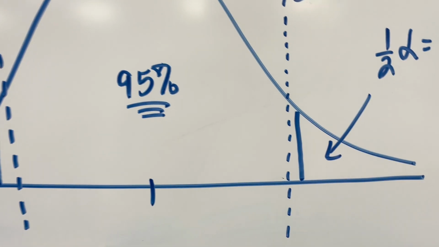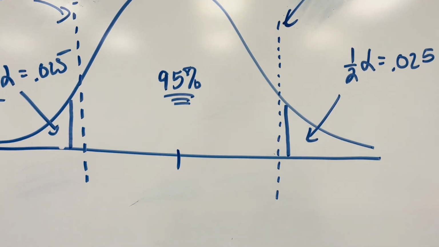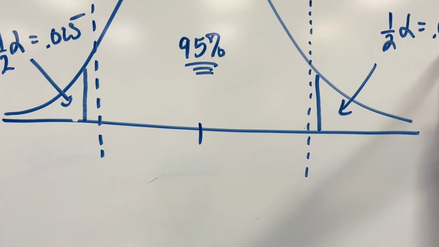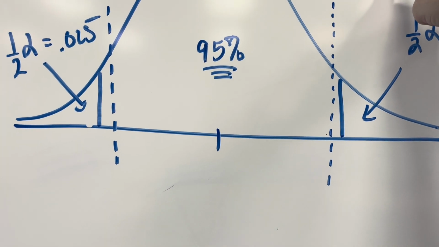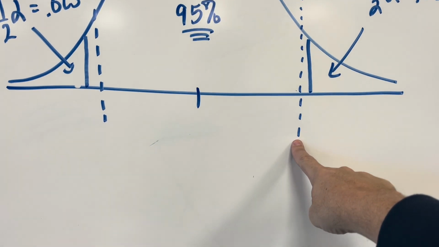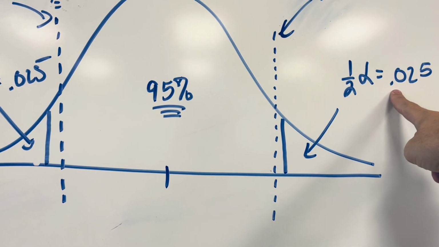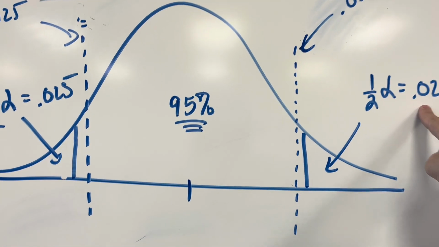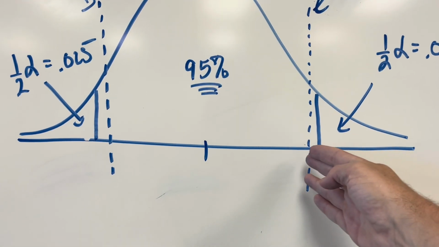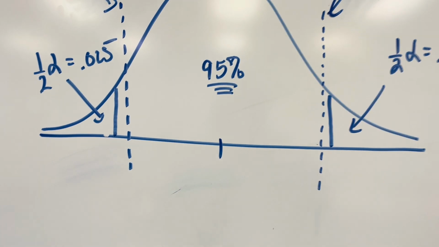So that being said, if our alpha is 0.025 and our p-value is 0.03125, our test statistic, our p-hat, is here, because that is larger than that. So the p-value is larger than your alpha, so your test statistic is closer to the middle.